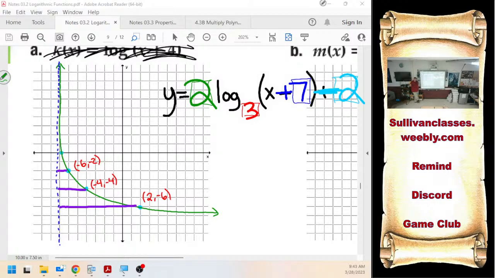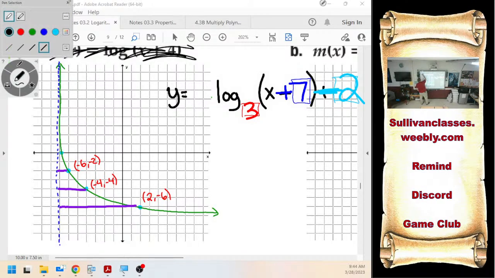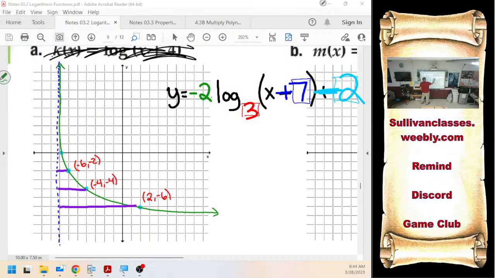And then, because my logarithm goes downward instead of upward, I know that's a -2. Boy, that is terrible. There you go.